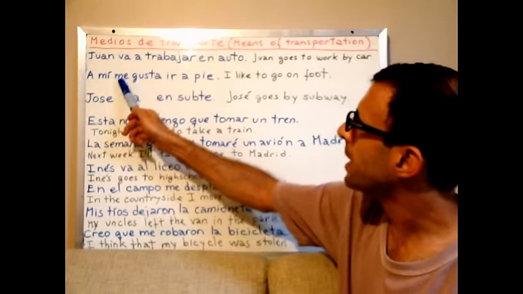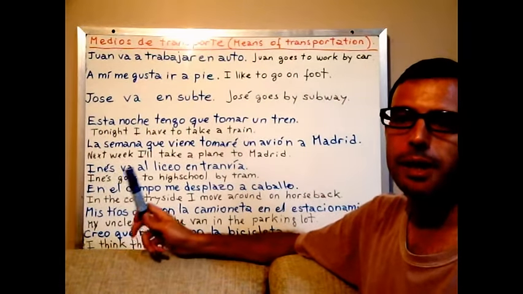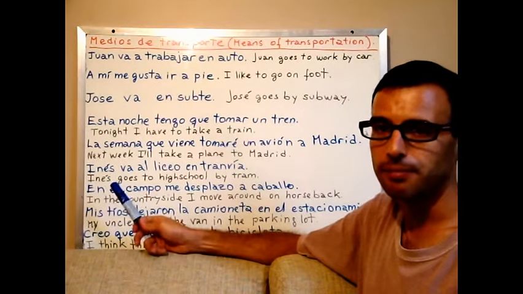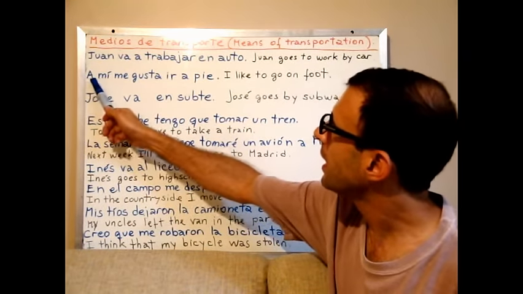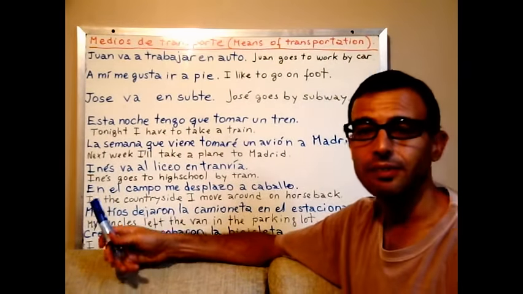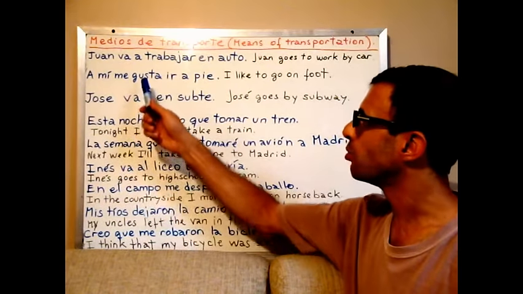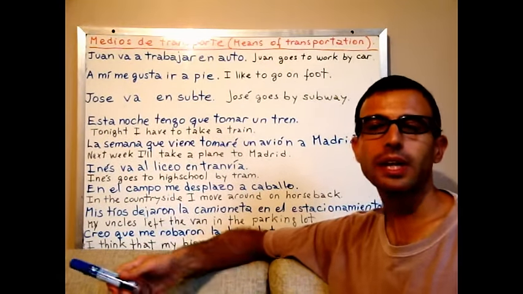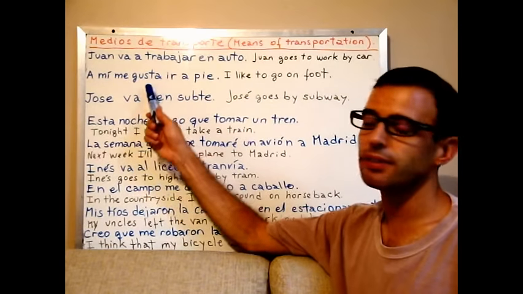A mí me gusta ir a pie. This means I like to go on foot. When we say I like, the verb is me gusta, from gustar. When we say that somebody likes something, gustar is used like a reflexive verb.